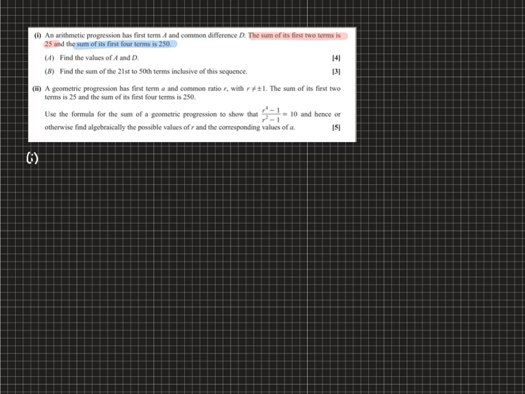So, part A. Let's think about what we have here. So we know that the sum of n terms of an arithmetic progression is equal to half n times 2a plus n minus 1 multiplied by d. Now we're told the sum of the first two terms is 25.